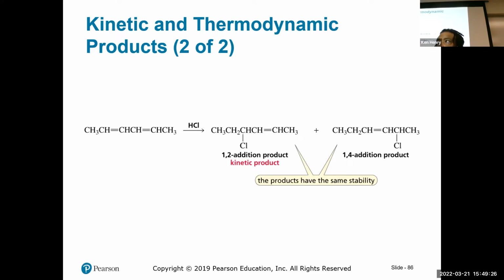So in this case, we're going to have most likely equal parts of both of these occurring, because this situation, again, has the same stability.